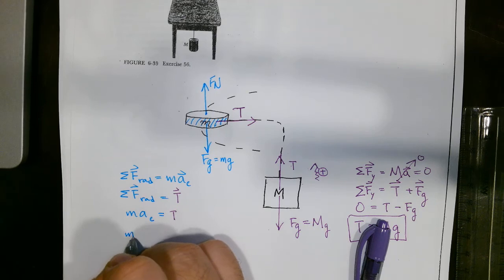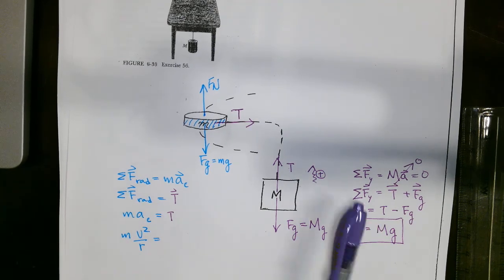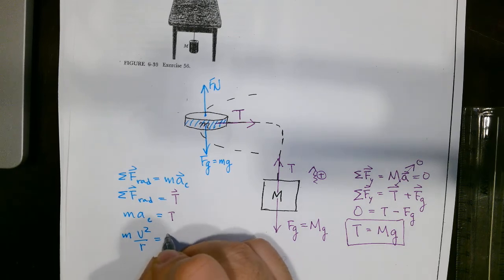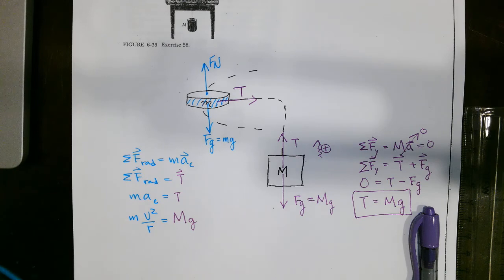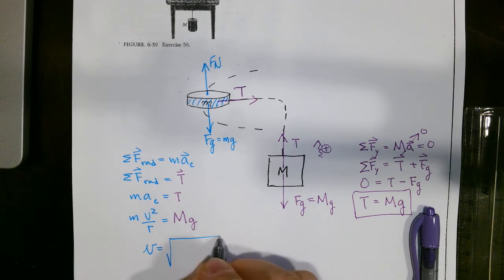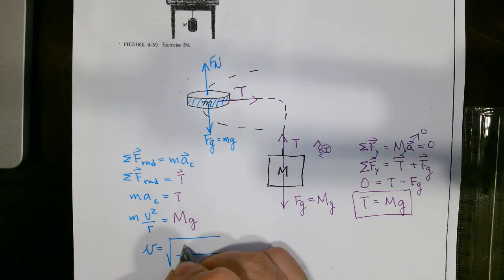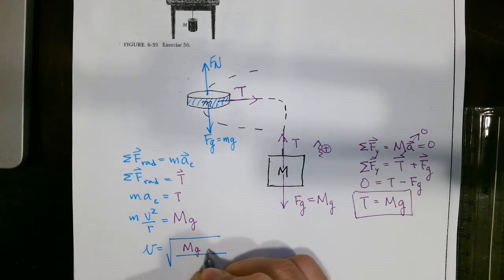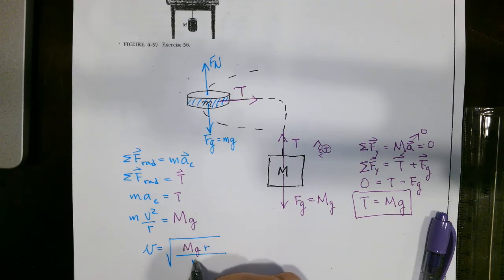So m v squared over r is equal to Mg. This tension is big Mg. So my v is equal to the square root of Mg r over small m.